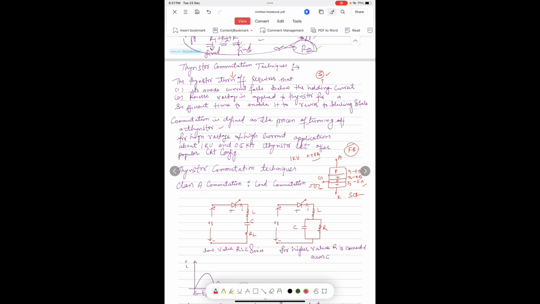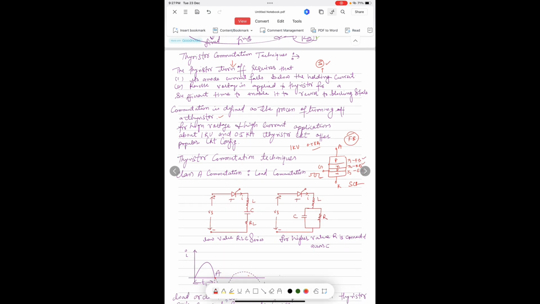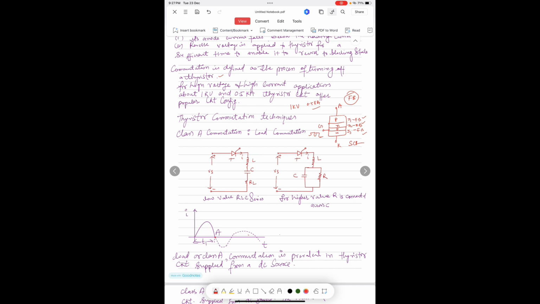For higher voltage and higher current applications, about 1 kV and 0.5 kiloampere, thyristor circuits are often used. The first technique is called class A commutation technique. It is also called load commutation or resonant commutation or self commutation because it turns off itself.